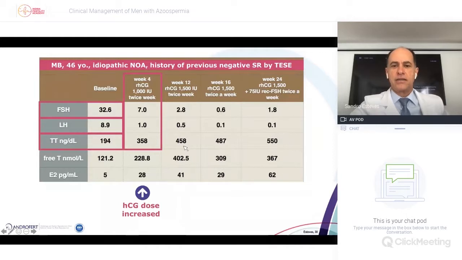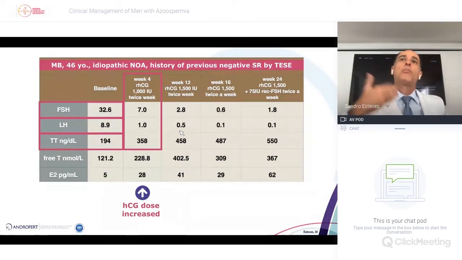One month later, I checked the endocrine profile again, and here you see that FSH levels were even lower than before. LH levels below 1, which is very common when we give HCG therapy. This is okay. This only indicates that the patient is taking the medication properly, because you know HCG is like LH with a longer half-life and more potent than LH in this condition.